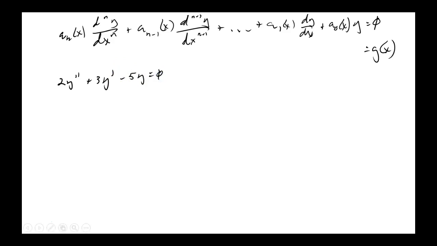What kind is that? Homogeneous. Exactly. How about this one? X cubed y triple prime plus 6y prime plus 10y. What's that? Plus 10y is equal to e to the x.